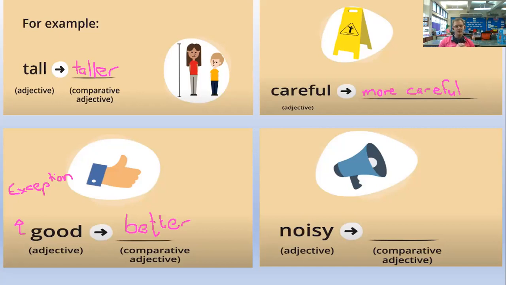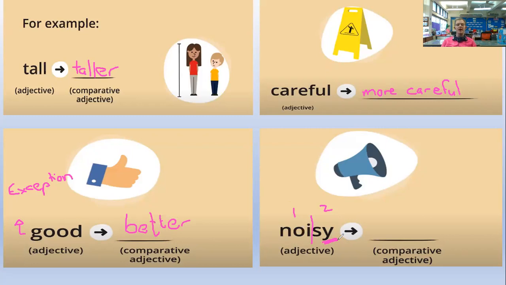Okay. What is the comparative adjective for noisy? Remember, two syllables, one and two, but it ends with a Y. So what is our rule? What is the rule? It's rule number 2.